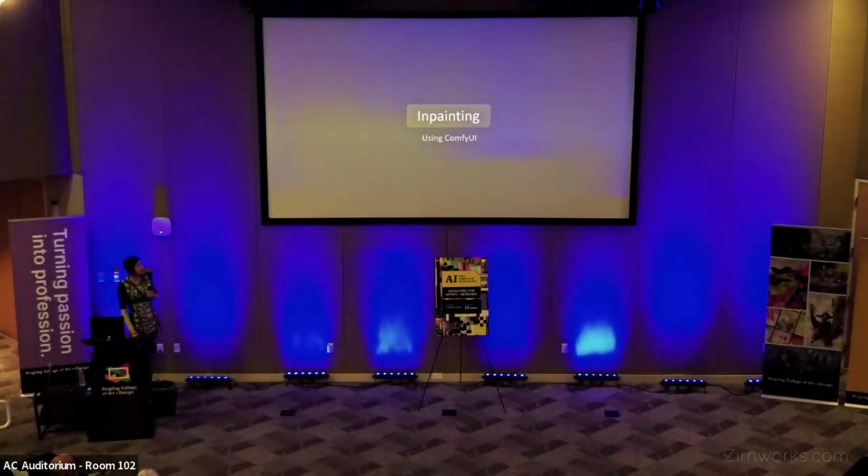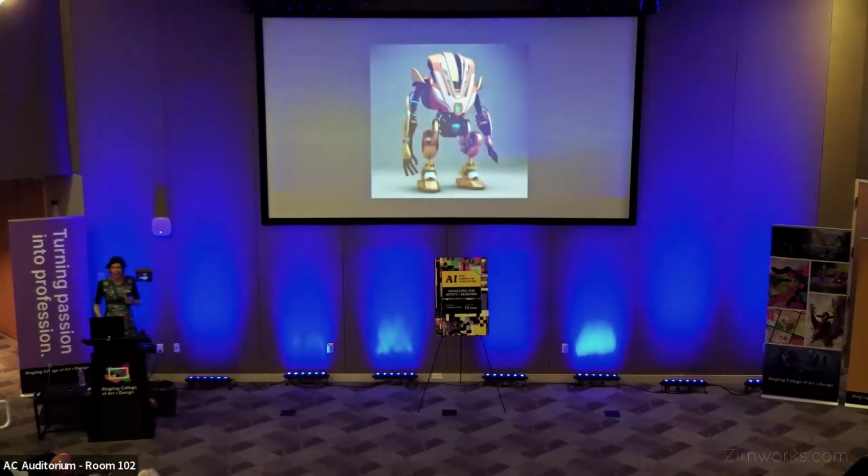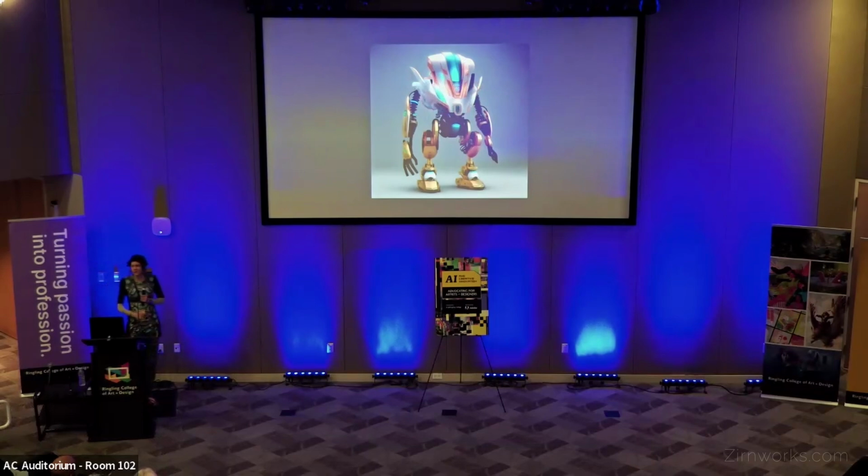Another powerful thing is something called in-painting, which is where you cut a hole in the image, put noise in that hole, and then guide the denoising process just in that hole. So this might be the original image, and I want to change the materials of its torso here.